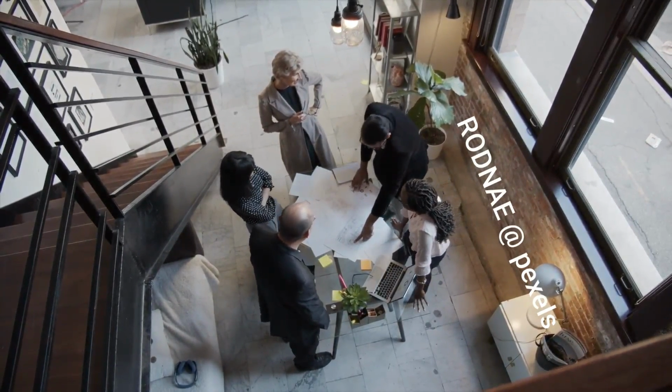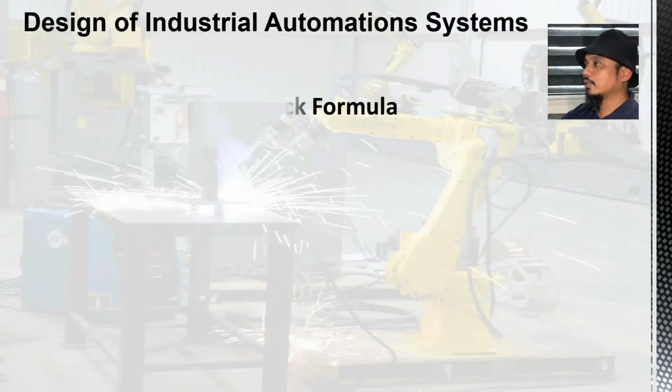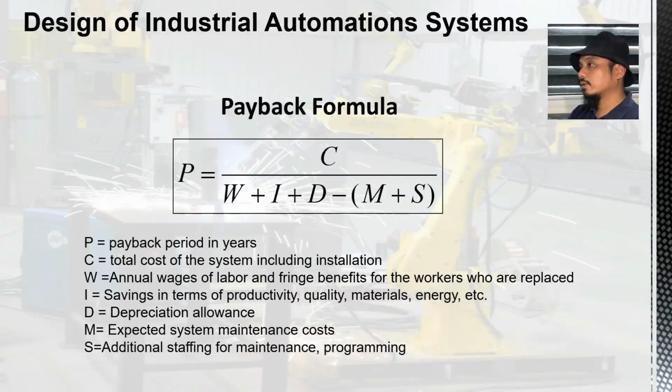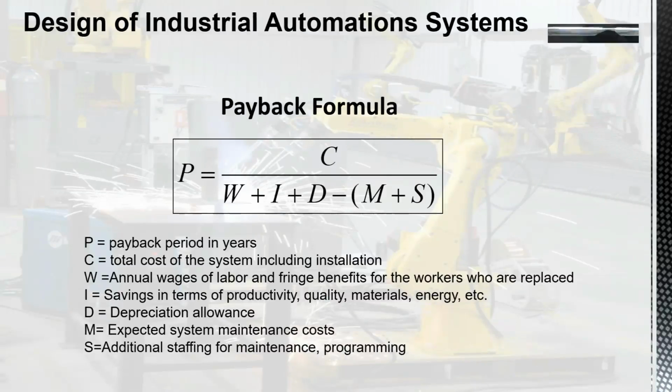The payback period will involve the total cost of the system, wages, savings in terms of productivity, quality, materials, energy, etc., and depreciation allowance, expected systems, and additional staffing as well.